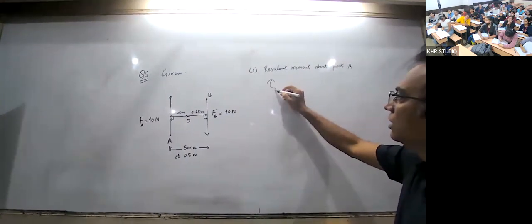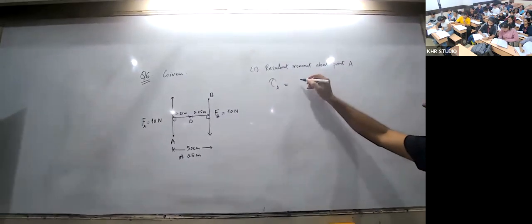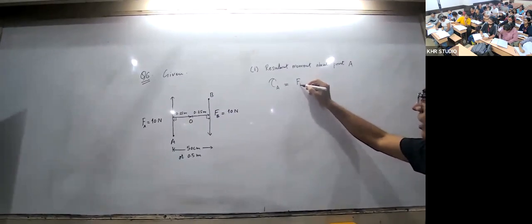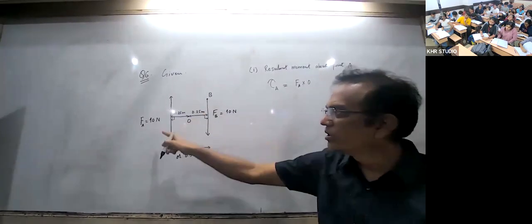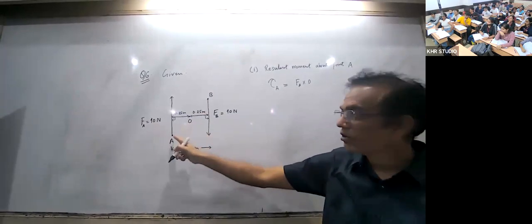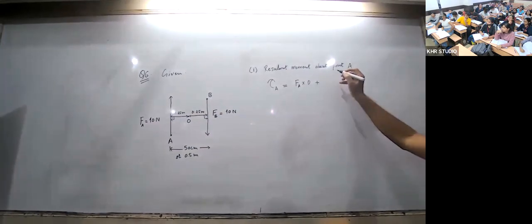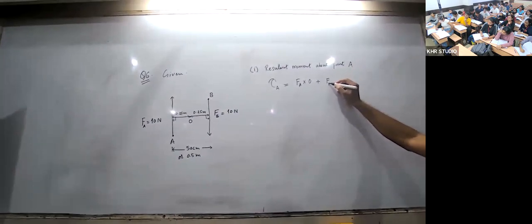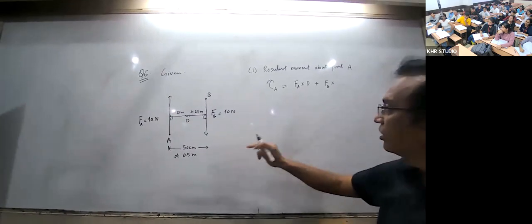So tau about A is equal to, what is the first force? F_A into 0. What is the perpendicular distance of this force? There is no perpendicular distance, right? F_A is on itself, so 0, plus F_B into, what is the distance of F_B? 0.5 meter.